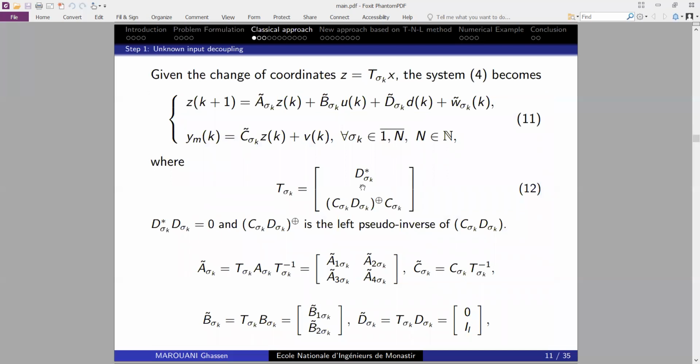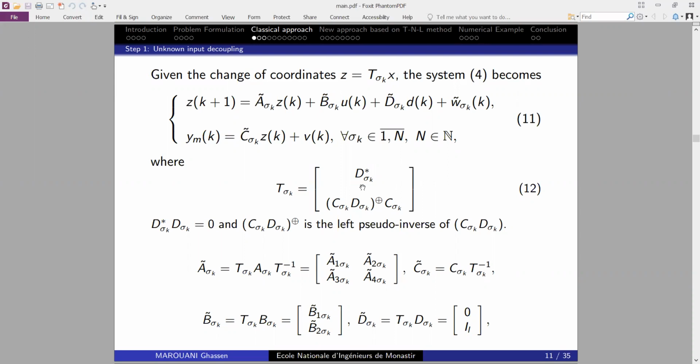So for the classical approach, the first change of coordinates is z equals T sigma q x, given by this change of coordinates.